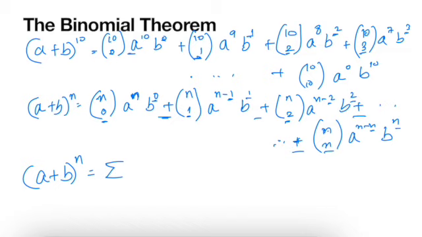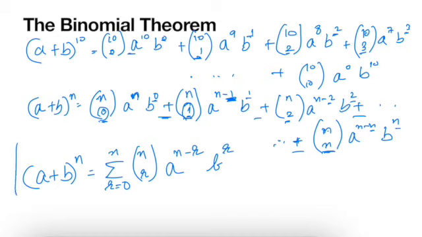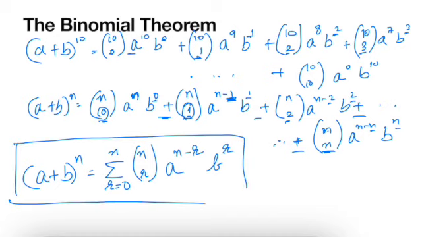Summation of, let's call this variable 0, 1, 2 as r. r equal to 0, it goes up to n, and nCr, see, this is nCr, a to the power n minus r. See, this is r. So we call this r. So this becomes n minus r, b to the power r. This is the formula which we can use to expand a binomial raised to any power.